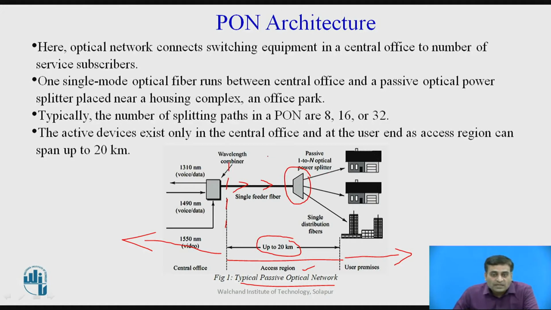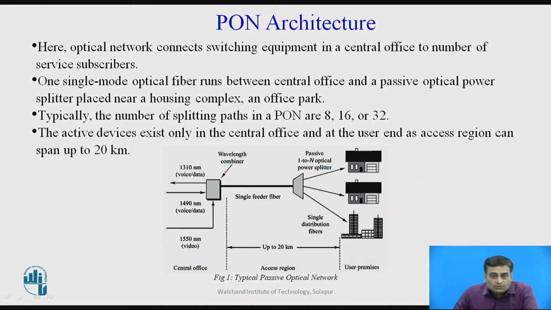If P is the power entering this optical splitter and it has n output paths, and the design of the power splitter is such that it divides the power equally into n outgoing paths, then each path will have P by n optical power.